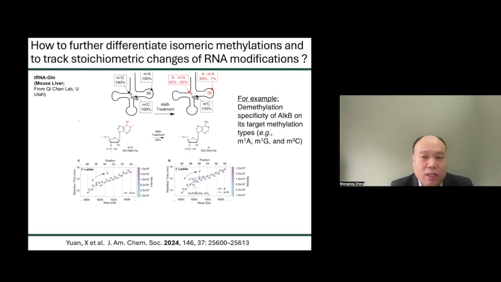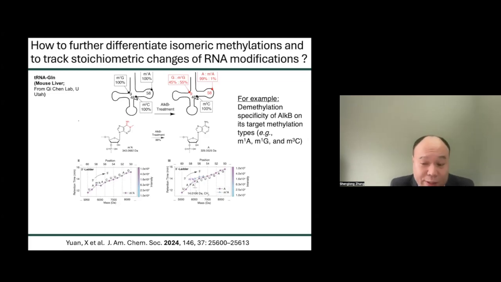But after ALKB treatment, this curve almost completely disappeared, and we see a new ladder corresponding to regular A. So we know this is sensitive to the ALKB enzyme, and this is the m1A. Similarly, we also find one at another position, and this should be the m1G, not a non-methylated G.